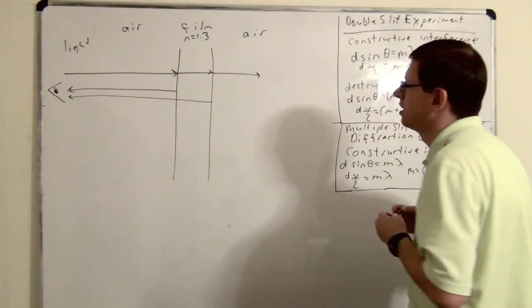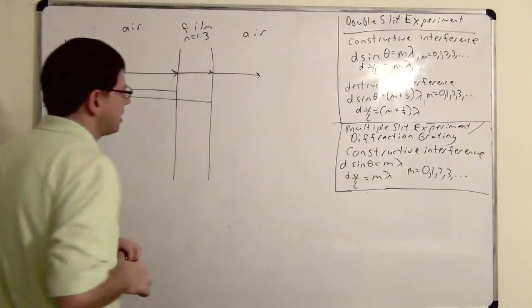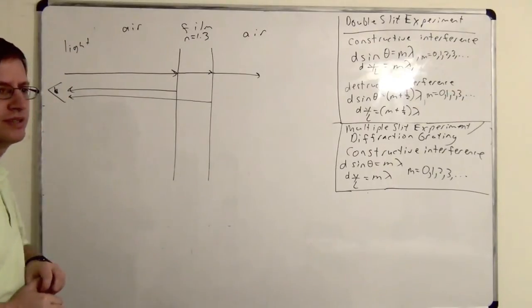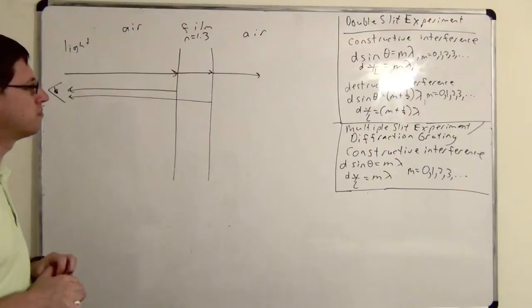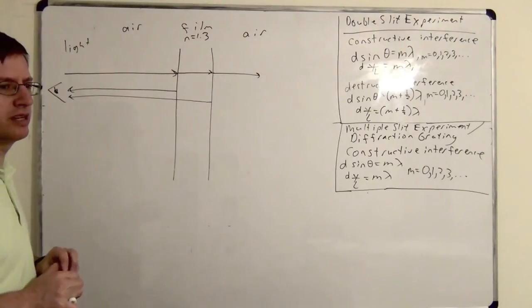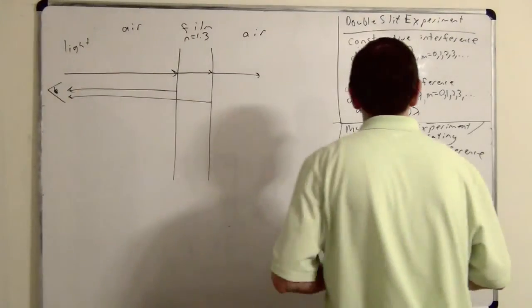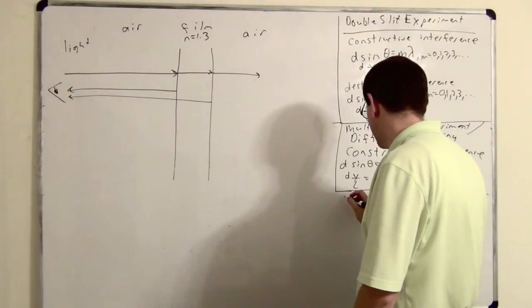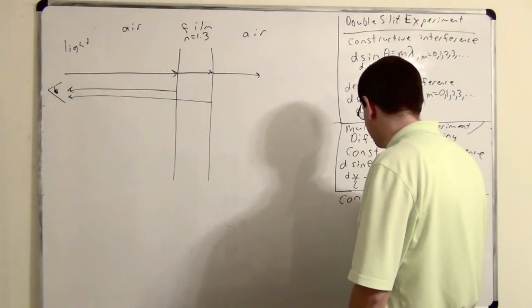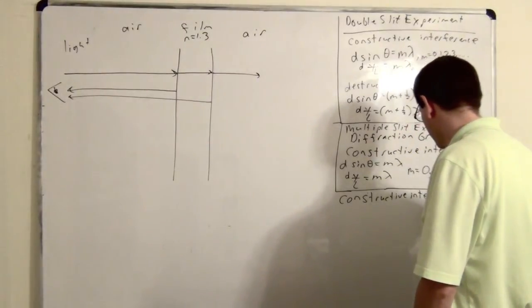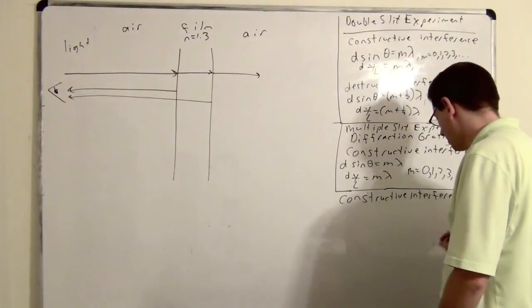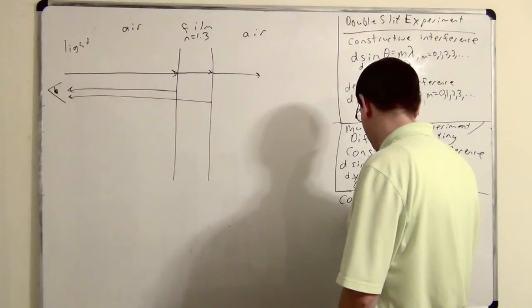In the homework, this is an equation that you can definitely prove using things we've talked about so far. But the homework didn't really seem to have any problems based on proving the equation. It was all based on using it. So I'm just going to write down the equations. So there's an equation for constructive interference, which is this.